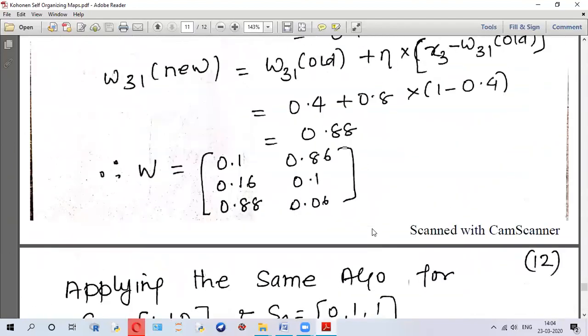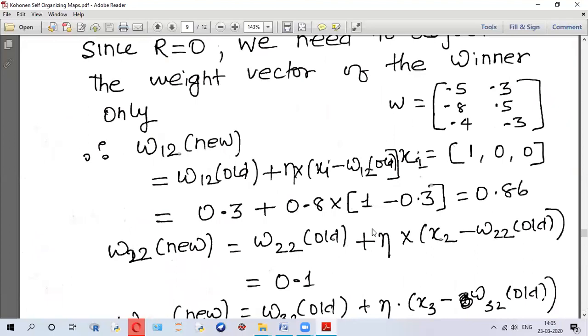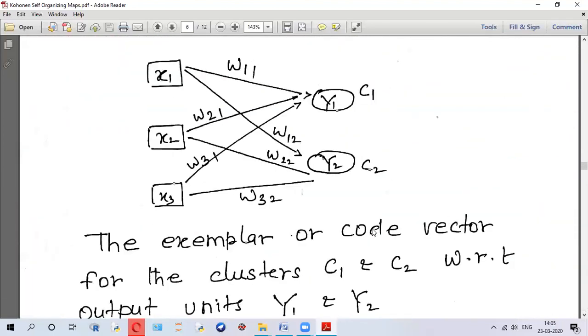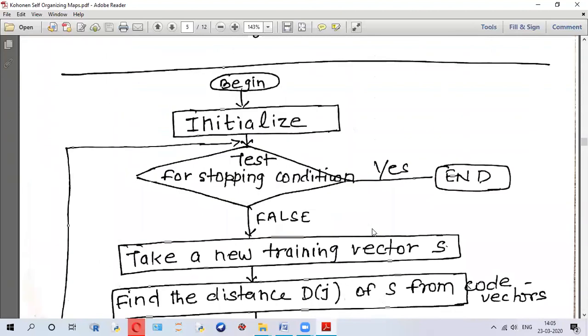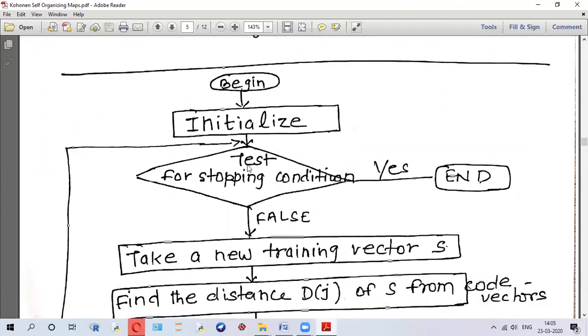And this algorithm has been presented in the form of a flow chart also. We did the initialization part where we initialize the weight vector, and we initialize the R also. Then we test for the stopping criteria, and if it is achieved, then definitely it's the end of the algorithm.